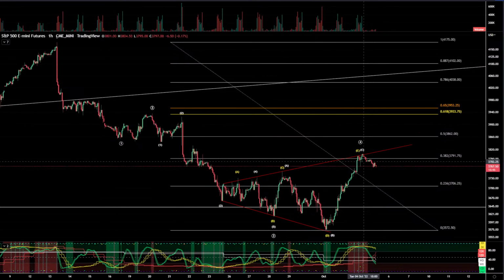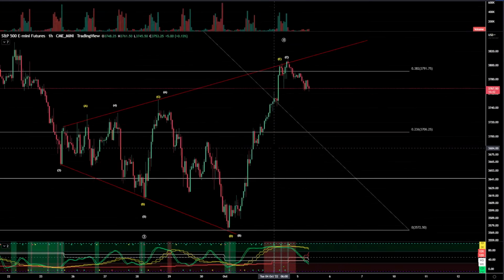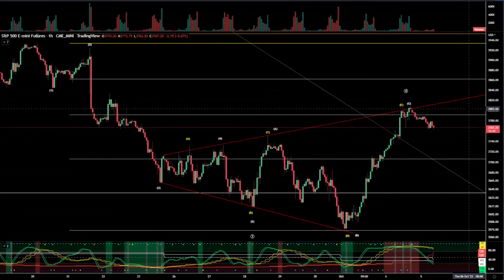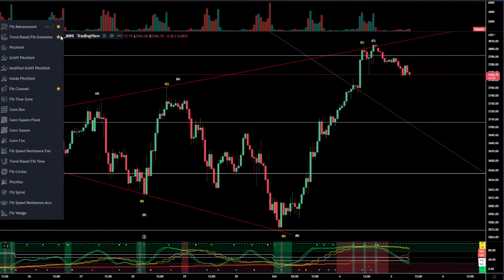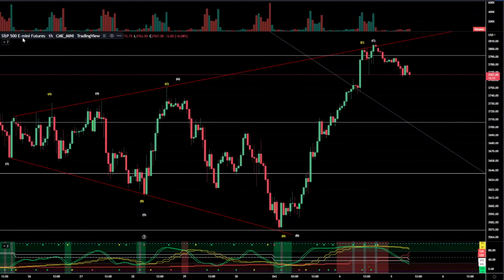One of the reasons why I had this target up here, and we talked about this yesterday, I'm going to go ahead and zoom in on this. What I started with was a trend-based fib extension.